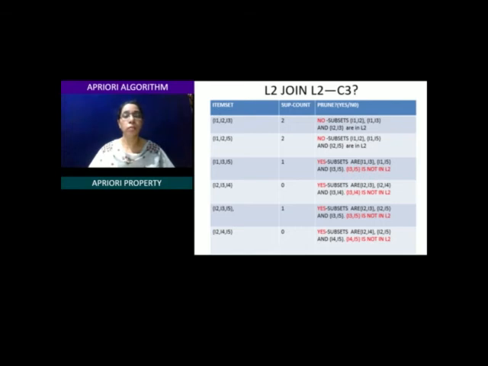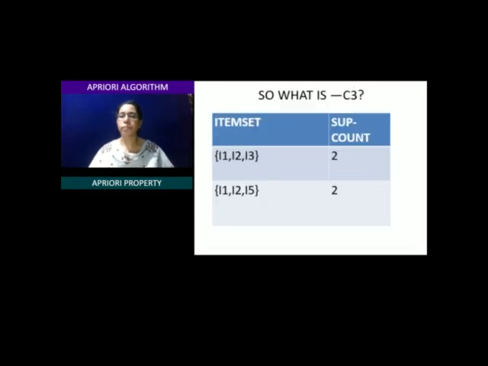So there is no need of calculating their frequency count. This is shown to indicate that they are already not frequent. So C3 now contains only two items, I1, I2, I3 and I1, I2, I5. Based on the support count, they are included in L3.